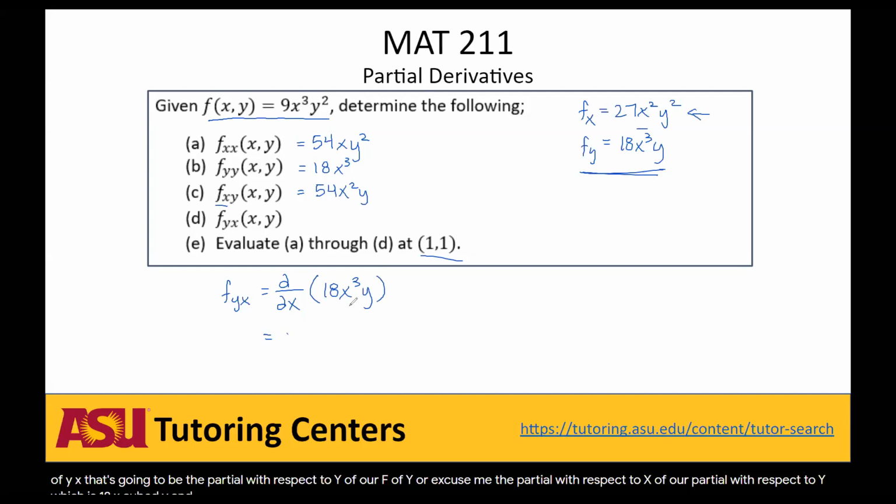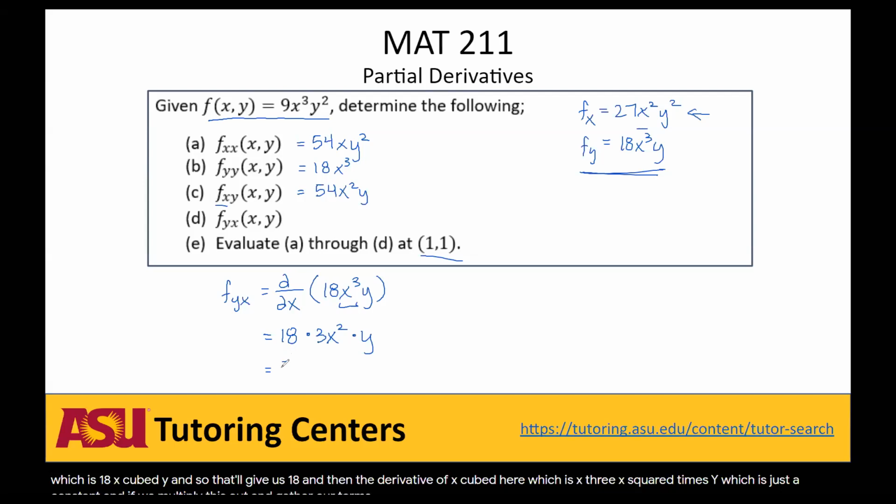And so that'll give us 18, and then the derivative of x cubed, which is 3x squared, times y, which is just a constant. And if we multiply this out and gather our terms, this gives us 54 x squared y.